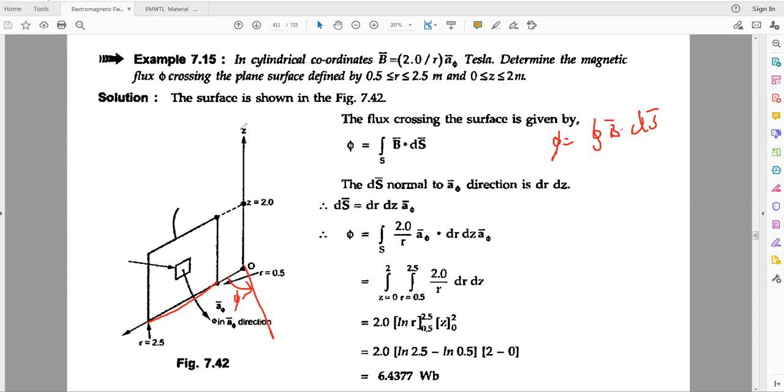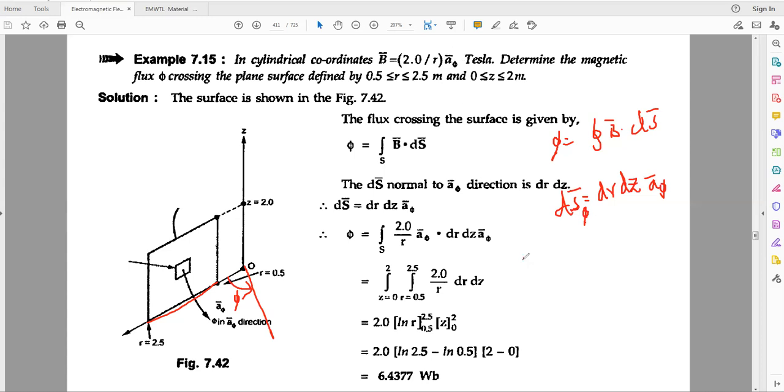Phi is a plane of the x, z plane, up to 2 pi. So the ds bar is in the phi direction, normal to the phi direction. The components are dr and dz.